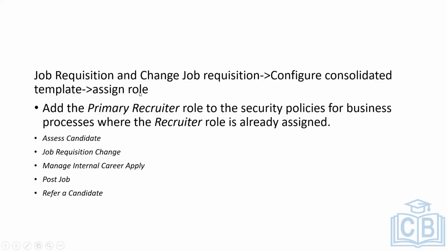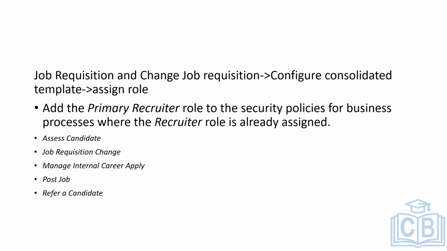Do you know what consolidated business process types are? Consolidated templates are like Job Requisition, where we have seen various sections, right? They have different sections involved. It gives us an idea that the business process is also going to be configured as consolidated. It will also have sections.